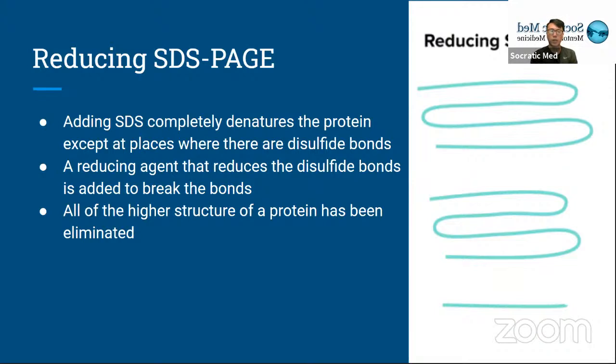The reducing agent will break the disulfide bonds, and this causes all the higher structures of a protein to be eliminated. There are no tertiary, quaternary, or secondary structures anymore. It's just the basic primary structure of the protein. So for reducing SDS PAGE, you add SDS and then a reducing agent to have the protein in just its primary structure.